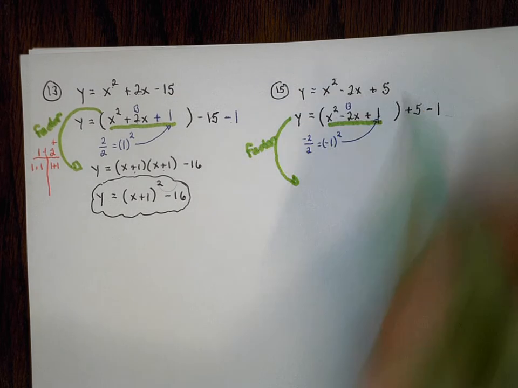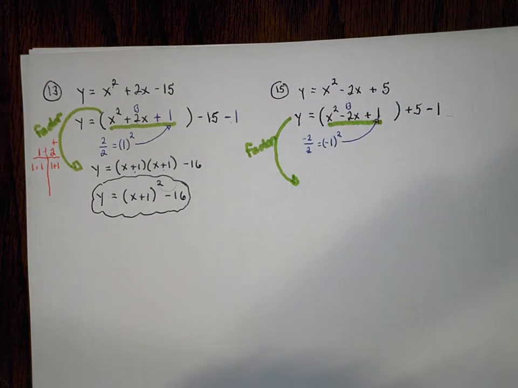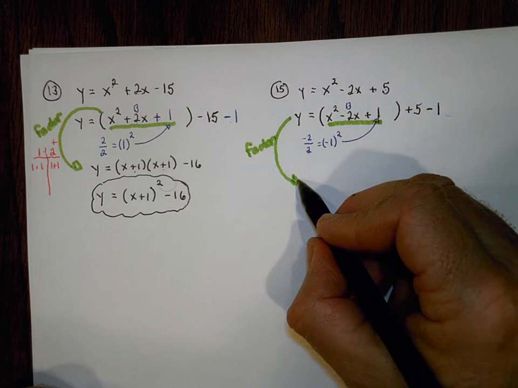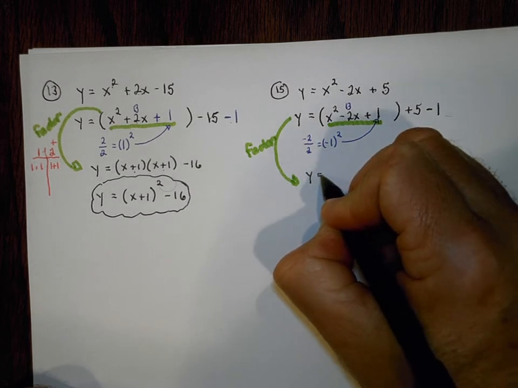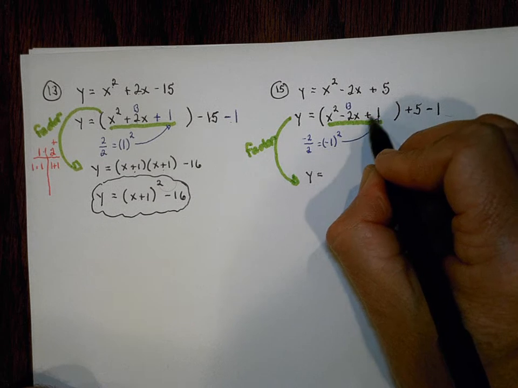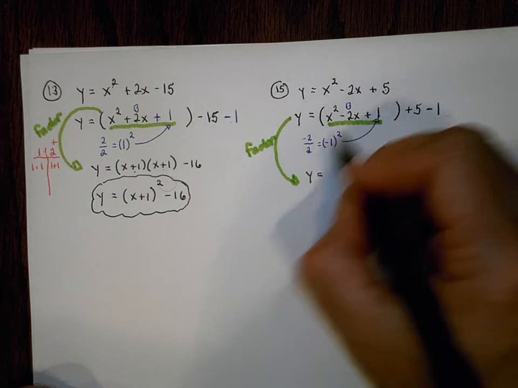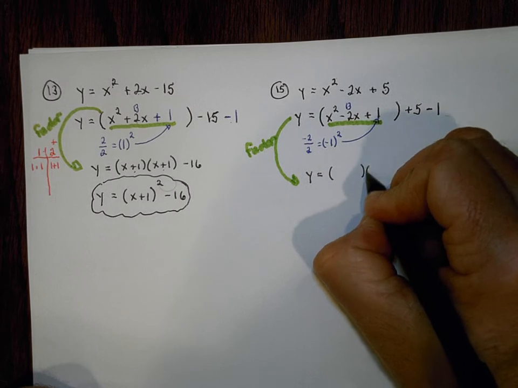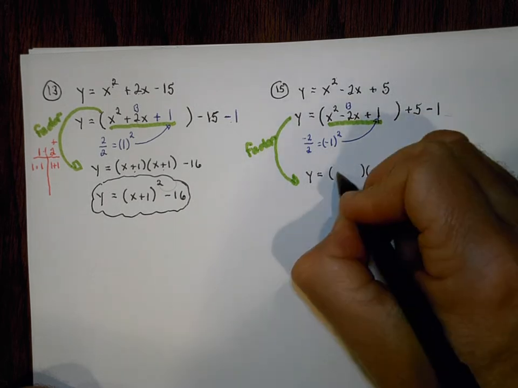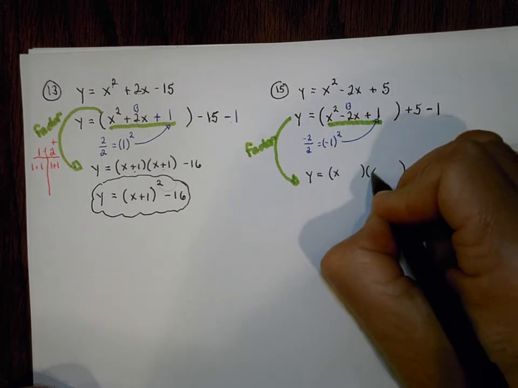All right, now since we've been doing this for a couple of weeks now, you should start being able to see the shortcut, or you should start being able to factor these trinomials just mentally in your head. So what do we know? We know that we're going to get two sets of parentheses when I factor the trinomial. Each parentheses is going to start with the variable x.